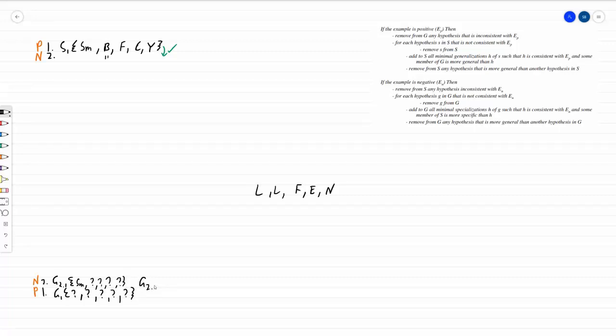Our G2.2 will be, maybe it has to be breakfast. G2.3 will not have to be, maybe it has to be Friday, because that would still match this negative example. Maybe the food has to be expensive.